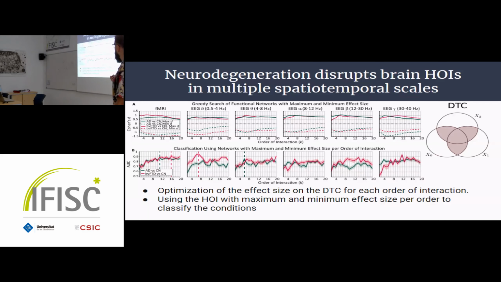And you can see that there are relatively high effect sizes. Here's for fMRI and here for EEG at different frequency bands. I filter the EEG at different frequency bands, and then I compute these interactions. There is a larger effect size for both diseases at the negative. So that means that higher order interactions that were at some level in the control condition are getting disconnected, getting reduced in higher order terms.